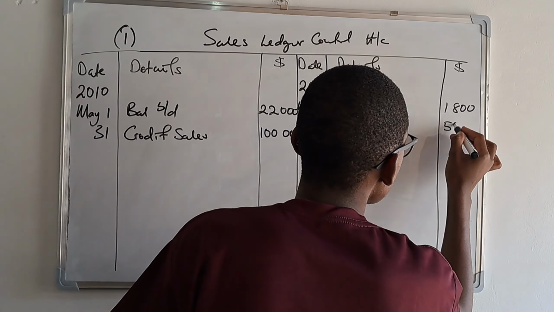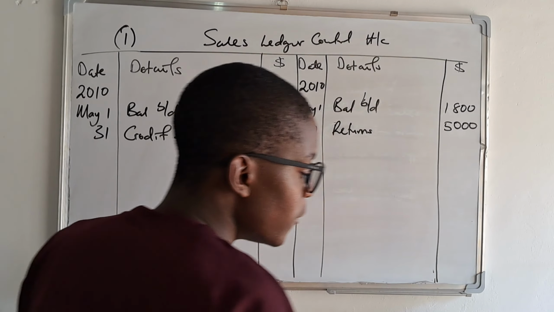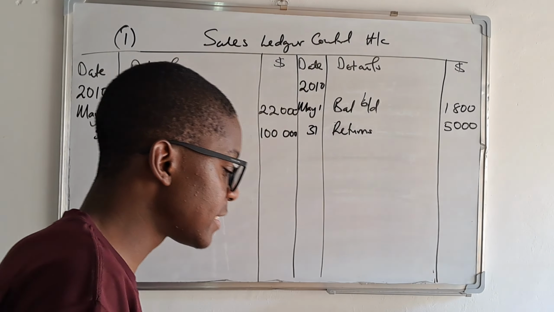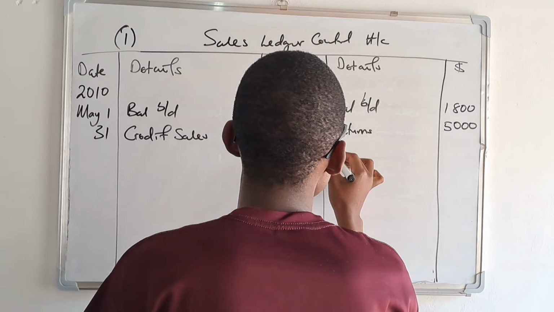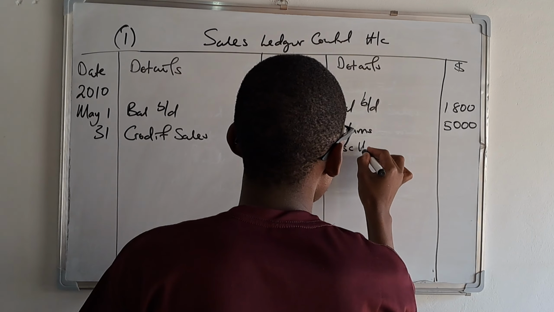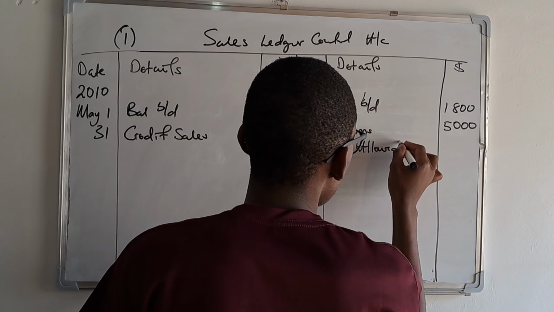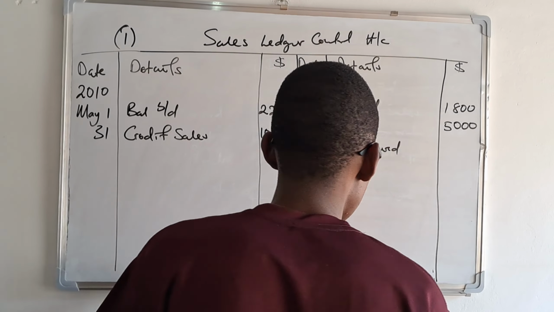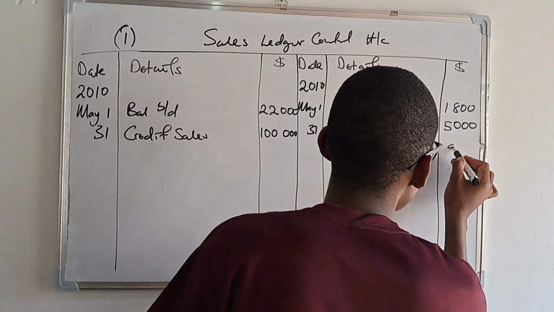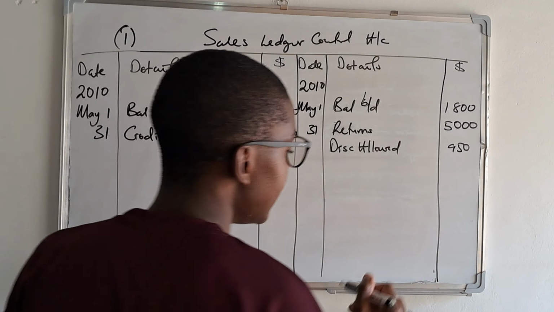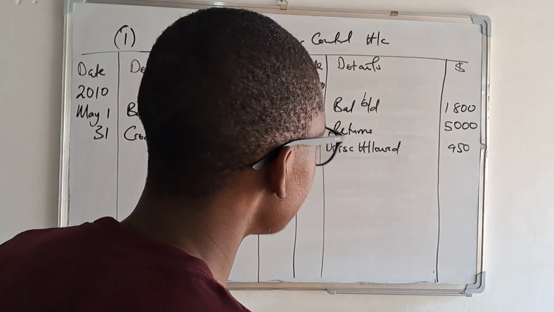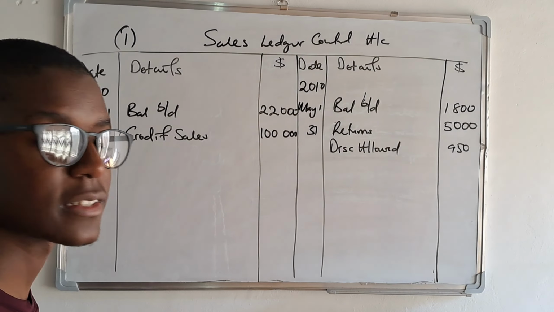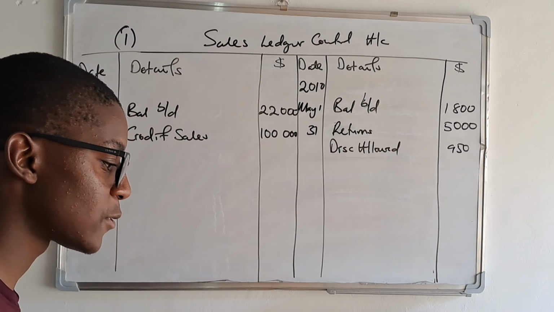It is 5,000. Then moving on, we have discount allowed. We record the discount allowed also. Discount allowed of how much? Discount allowed was $950. Then you also have discount received. It is recorded in the purchases ledger account, purchases ledger control account, sorry.